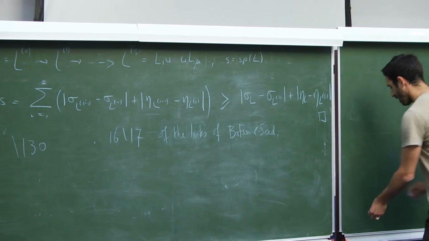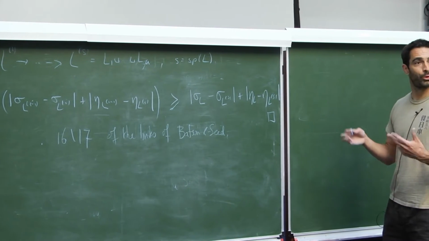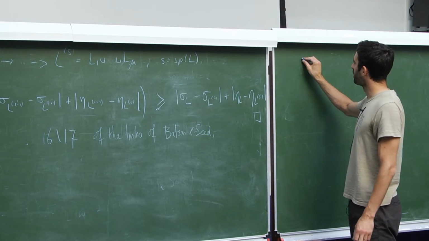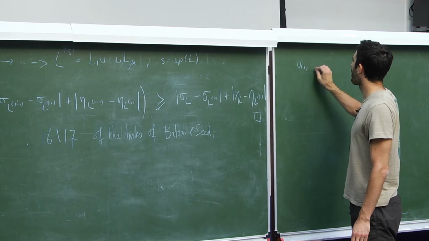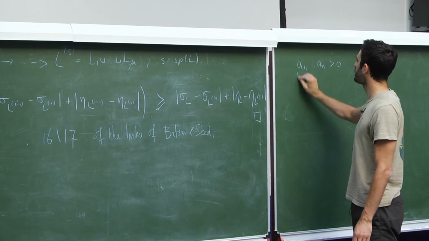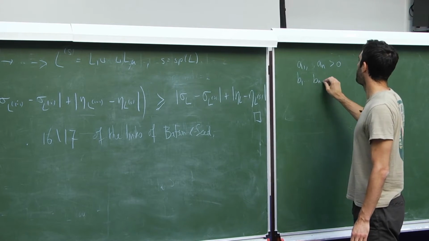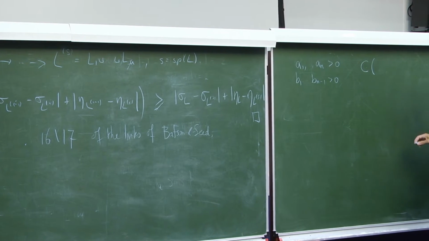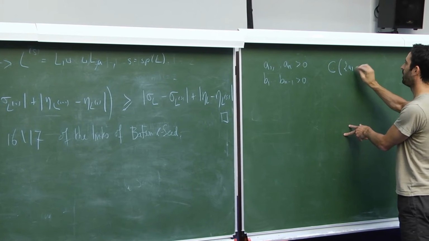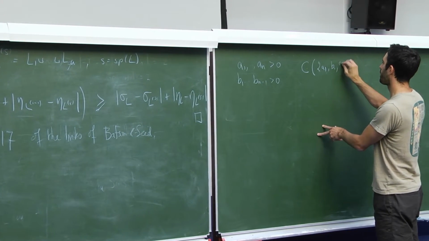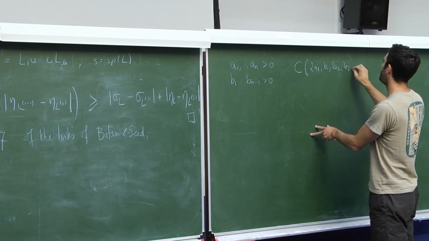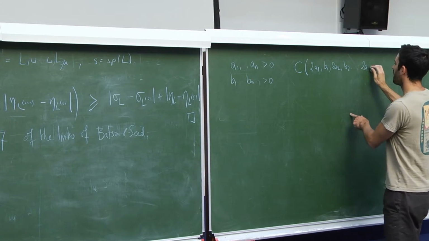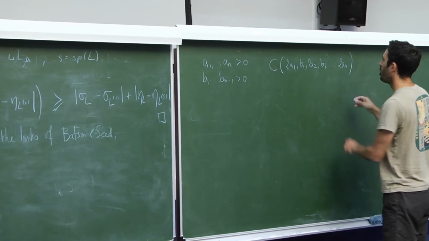And then I want to show you how it goes with these families of 2-bridge links. So now you consider A1, ..., AN positive integers, B1, ..., Bn minus 1 positive integers as well. And I want to consider 2A1, B1, 2A2, B2, ..., 2AN.